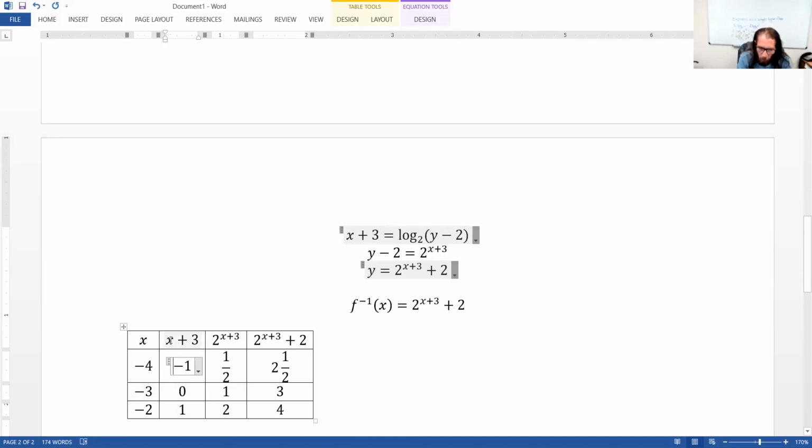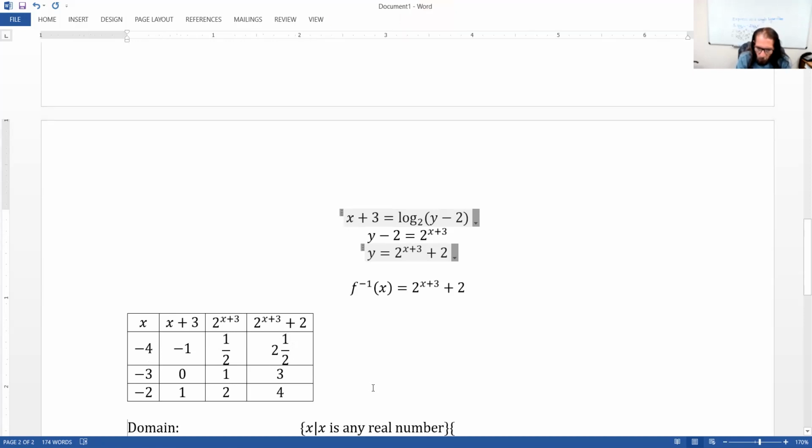And that way, when you plug in -4 into x plus 3, that's -1. And when you take 2 to the -1, you get 1/2, and so on. Then shift up all those y values up by another 2 due to a vertical transformation up 2.